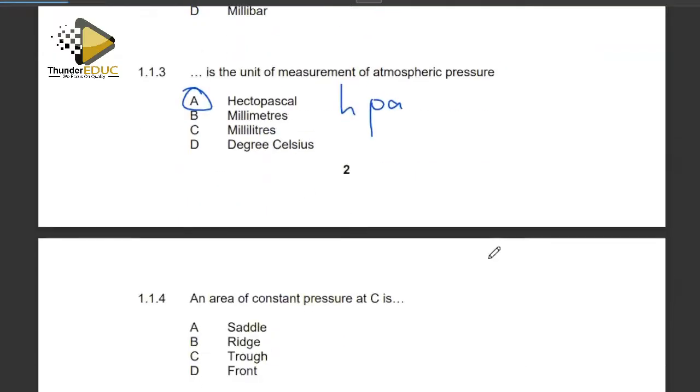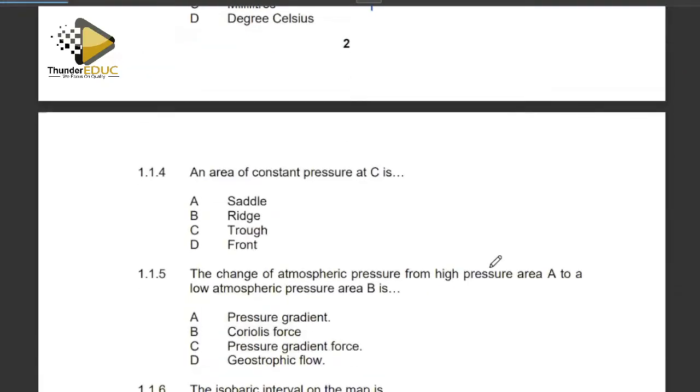All right, moving on. An area of constant pressure at sea, an area where there is constant pressure. We are saying the pressure is equal throughout that particular area. What kind of geographical phenomenon is that? Right?